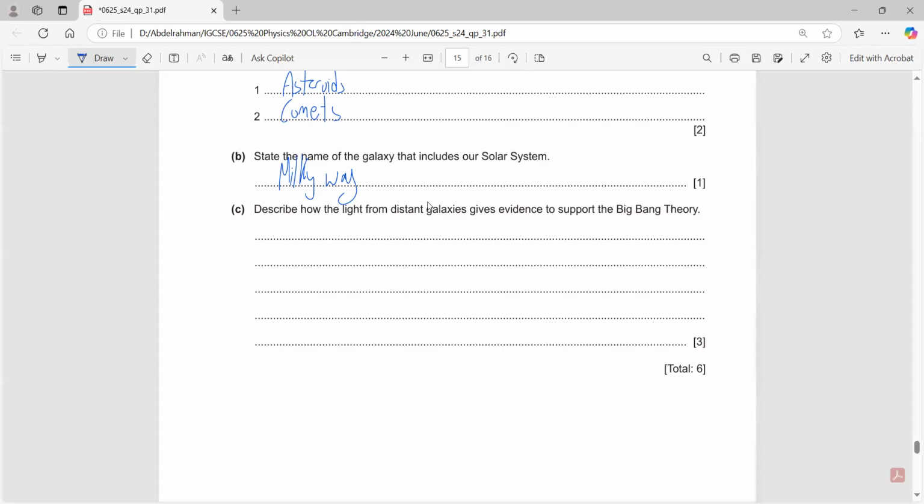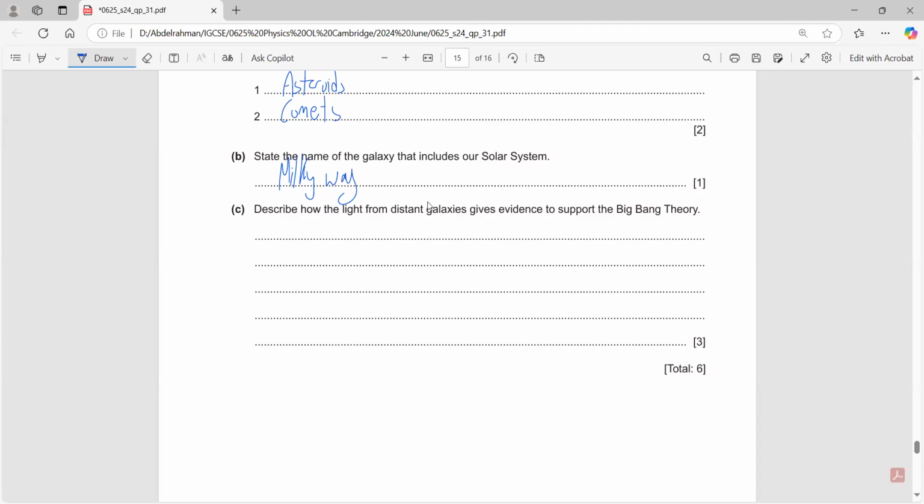What do I mean by red shifted? Redshifted means that the light produced by these very distant galaxies has a longer wavelength. For example, the blue light from a very distant galaxy has a slightly longer wavelength than the blue light here on Earth.